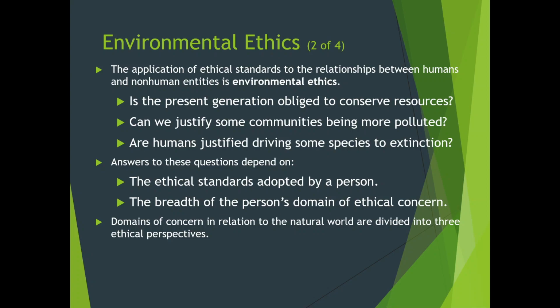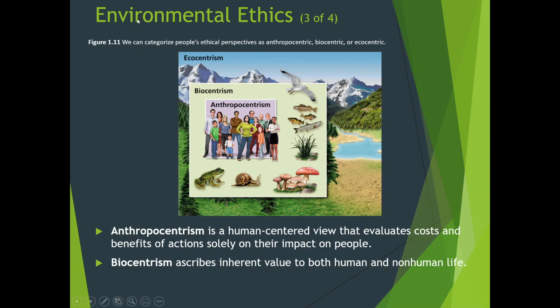But we need, as a community and a society, to sit down, get all the stakeholders together, and discuss these things. And we can do that as a society, and I've seen it done before. So, in ethical standards, we have anthropocentrism, biocentrism, and ecocentrism.